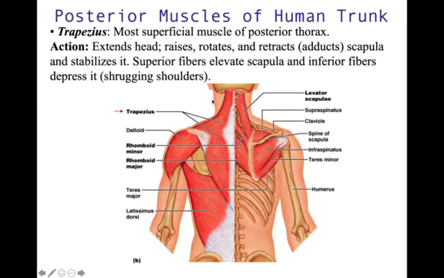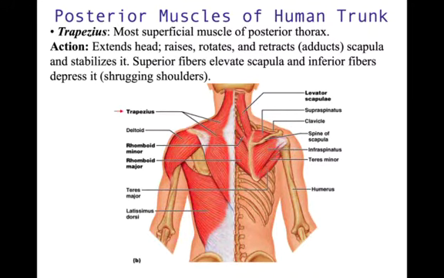All right. The next shoulder and thorax muscle we're going to talk about is the trapezius. This is the most superficial muscle of the posterior thorax. Its action extends the head, raises, rotates and retracts the scapula. So think about shrugging your shoulders.